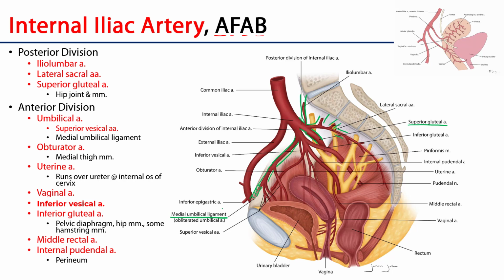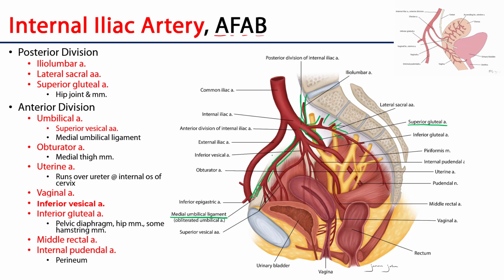And so that medial umbilical ligament will be found within the medial umbilical fold, heading up towards the umbilicus. So in fetal circulation, it would be patent. It would still be an umbilical artery heading up towards the umbilical cord and the placenta beyond.